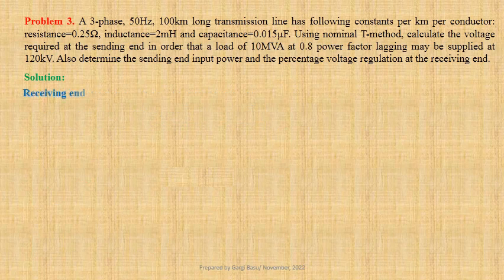Taking receiving end voltage per phase as reference, we can write VR equals 69,282 volts at an angle 0 degree.